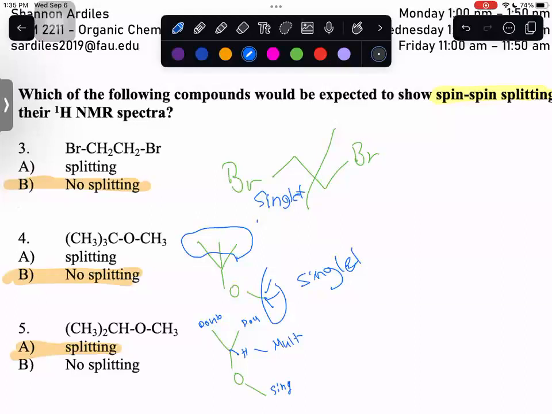Beautiful, we got it. So we can see that we have a doublet and a multiplet. So as soon as you see, again, anything higher than a singlet, it has splitting. Questions on those three problems? Are we good? Are we ready for the next one?